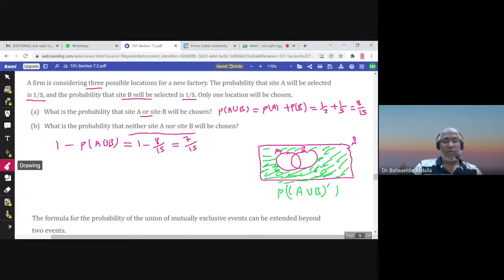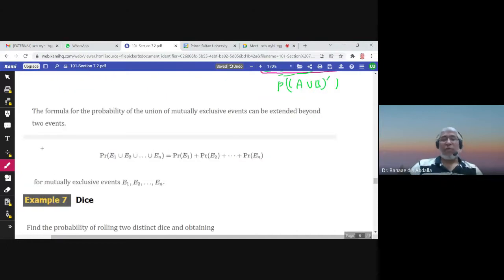The formula for the probability of the union of mutually exclusive events, which is the sum of the two, can be extended beyond two events. So if we have n mutually exclusive events, the probability of their union would be just their sum.